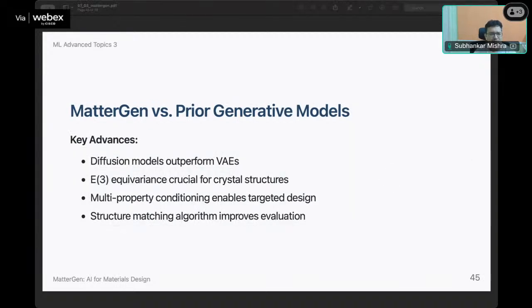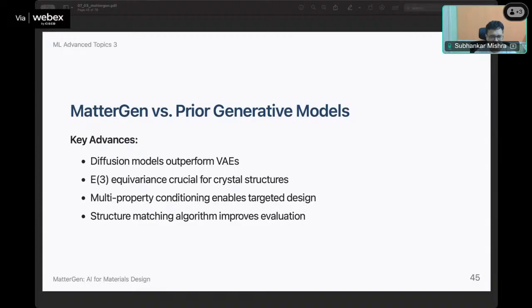Okay. So what will be the advantage? Earlier models, I think we have also discussed. Another thing is variational autoencoders. Previously, variational autoencoders were used. And diffusion actually beat variational autoencoders earlier in images, but this was the first application of diffusion for generating new materials, right?